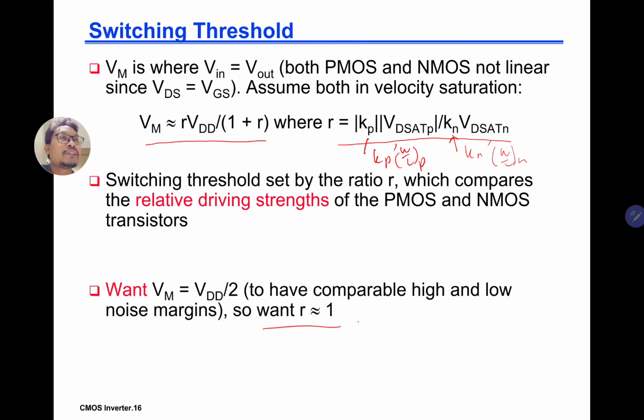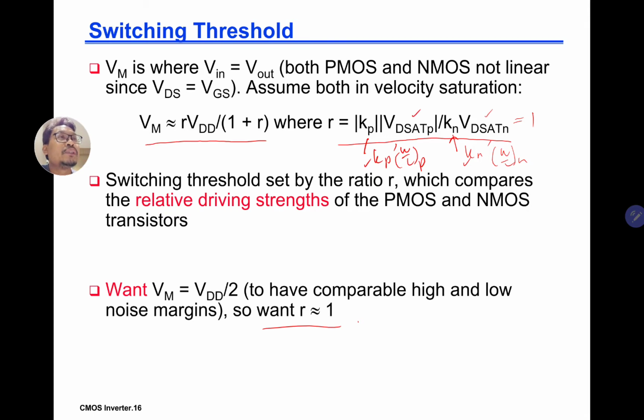So how do we set, what can we control if we want R equal to 1 here? Okay, we want R equal to 1, which means Kp VD sat P has to be close to Kn VD sat N. Okay, so Kp prime is constant, it is given to you by the process. Kn prime is given to you, VD sat P is given, VD sat N is given.